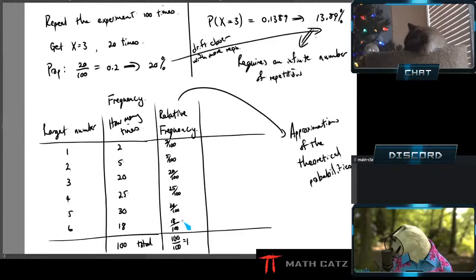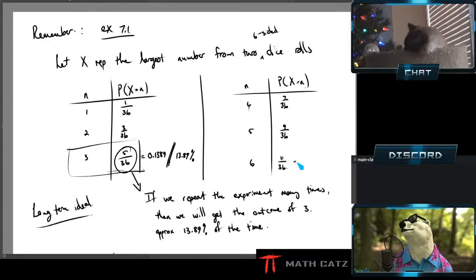Look, for example, at this 18. Now, if I calculate 11 over 36, what is that? It's 0.3056, let's say. So that's 30.56% approximately.